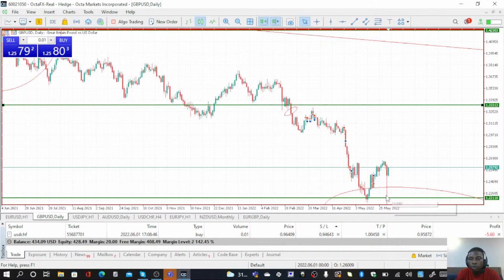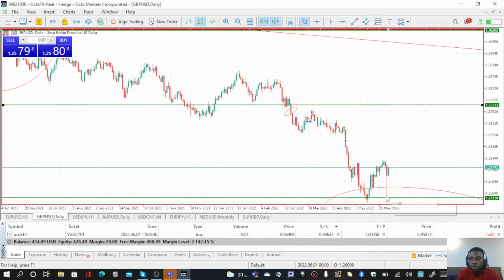A buyer can decide to buy now, and another trader can decide to wait for the market to break out of this level, the 1.26610 level. When there is a breakout of this level, then you can confirm for a buy.